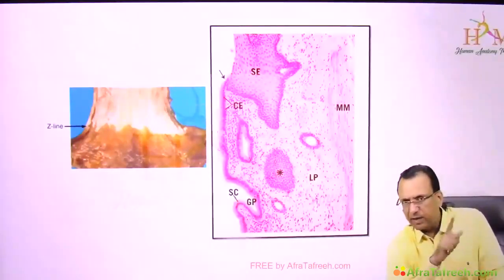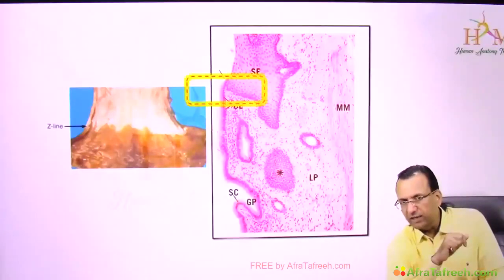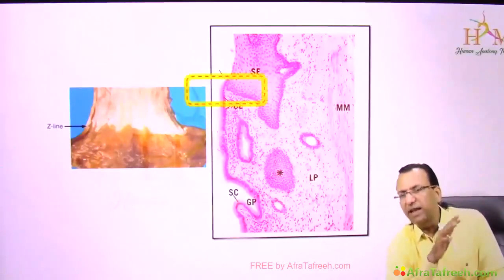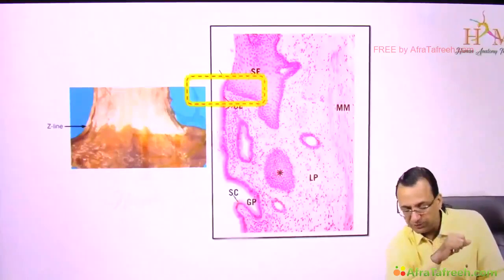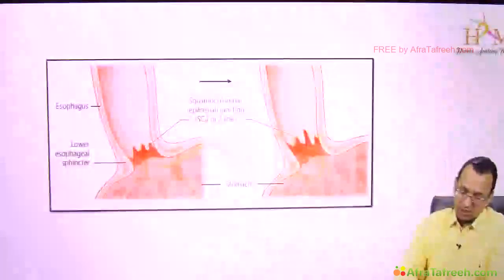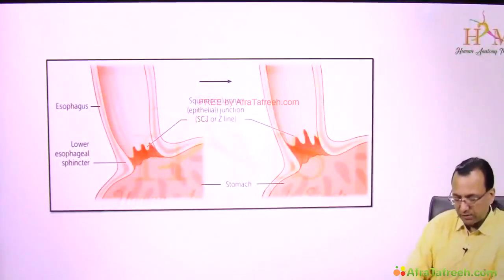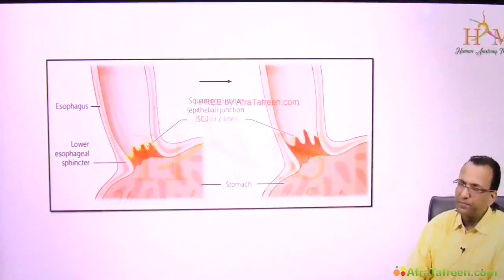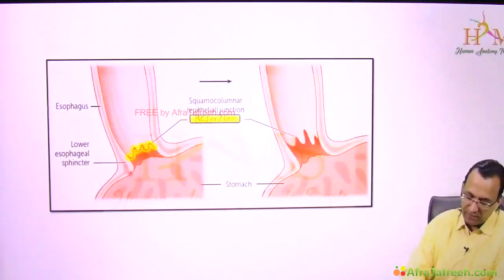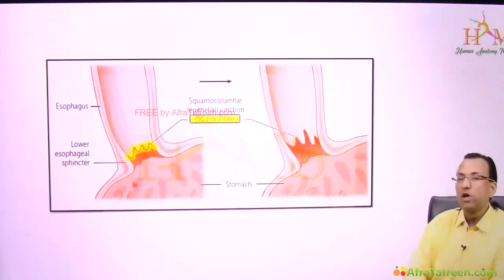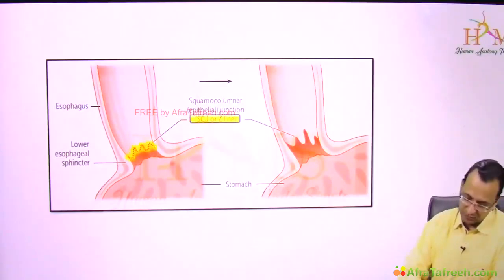It can happen in the cervix also, uterine cervix. It can happen in the anal canal, cancer of the anal canal, because they have these junctions. But this is the esophagus we are talking about. In the esophagus, at the lower end, we are having this Z line. Normally, it is 2 centimeter above the gastroesophageal junction, which is here.